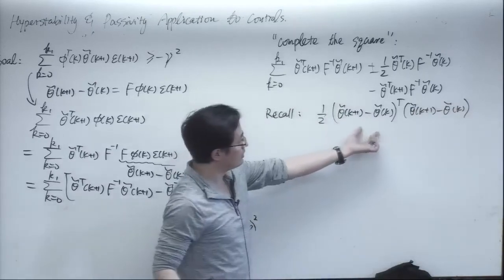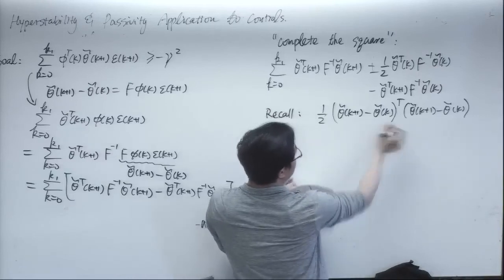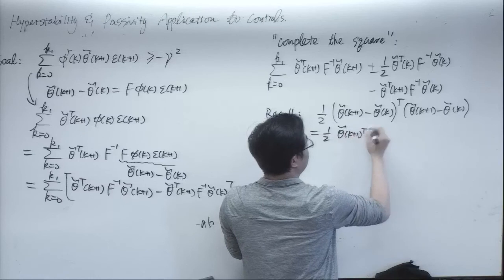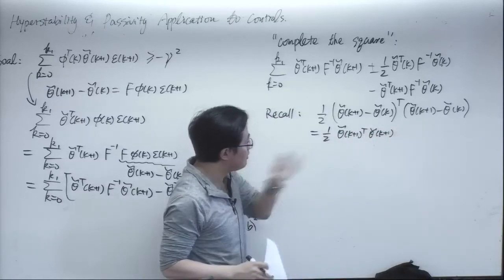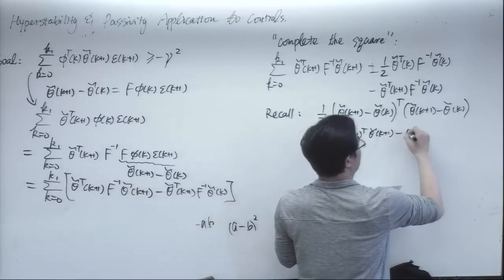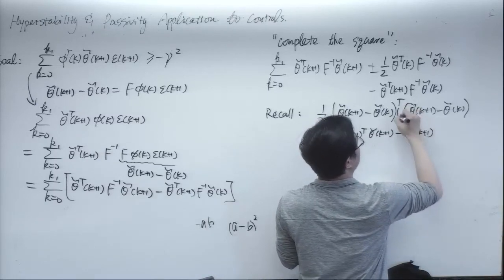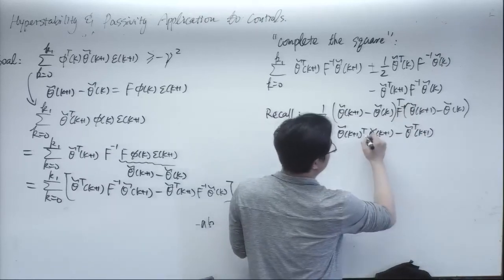This is a square term. This is always positive. I know this guy will give us half of theta tilde transpose theta tilde k plus 1, and then minus this F inverse term. Okay? F inverse.